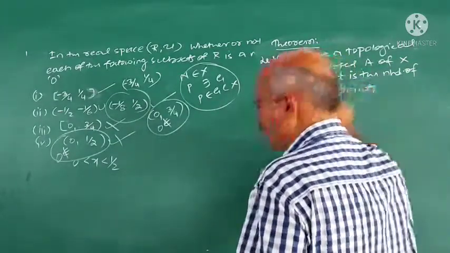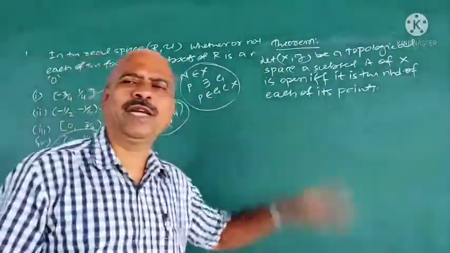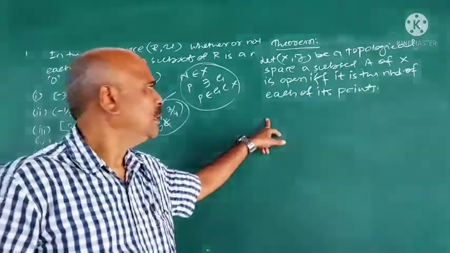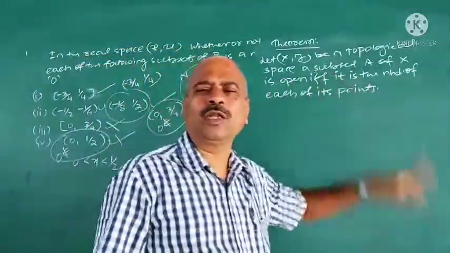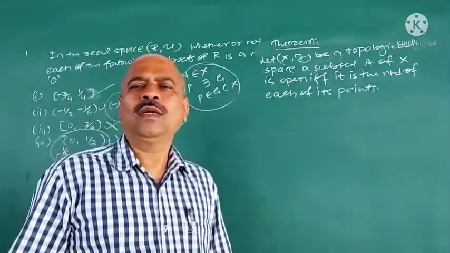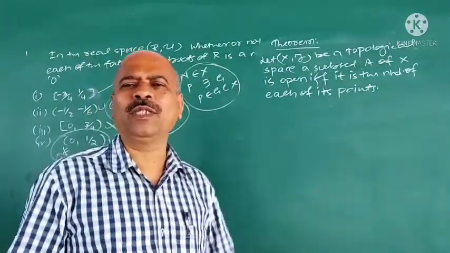In the second or third problem, that is, find all the neighborhoods of B, I have used this one. A subset A of X in a topological space (X, T) is open if and only if it is a neighborhood of each of its points.